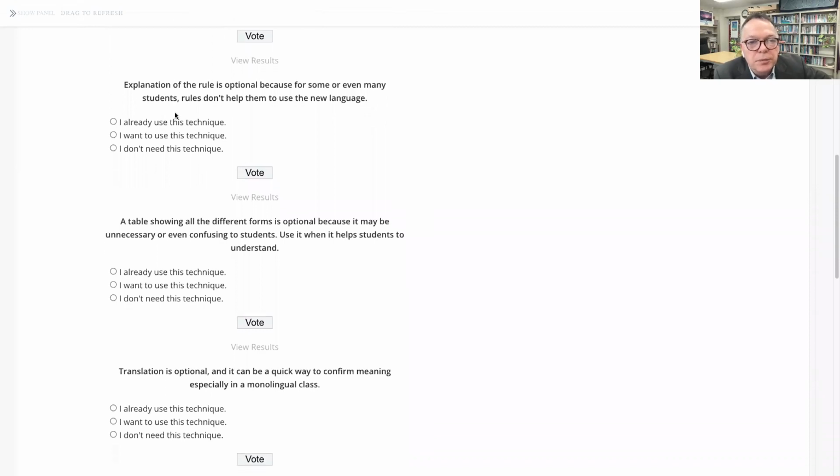Okay. Explanation of the rule is optional because for some or even many students, rules don't help them to use the new language. What do you think about that? If I'm teaching university students, then usually they've had that explanation of the rule for several years throughout their secondary schooling. So it's less relevant to me, and I'll be looking to elicit those rules from the students if necessary and see what they already understand or know.